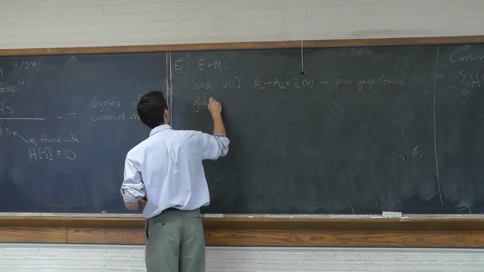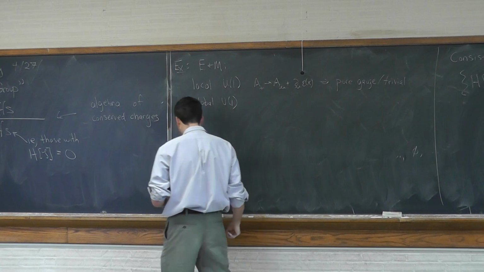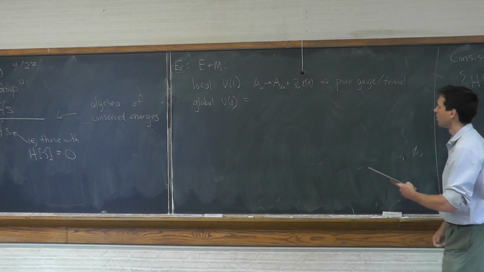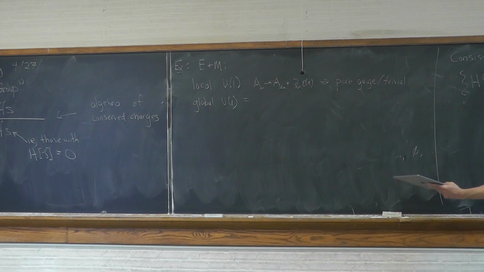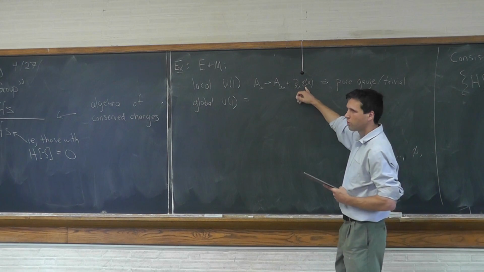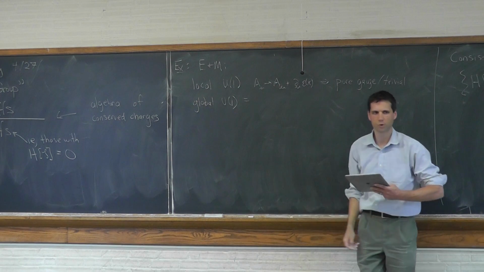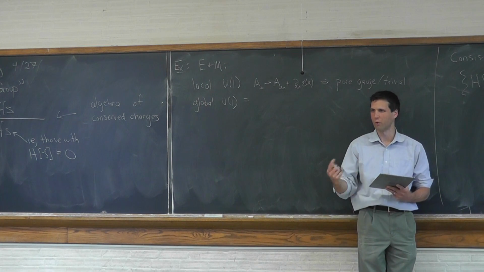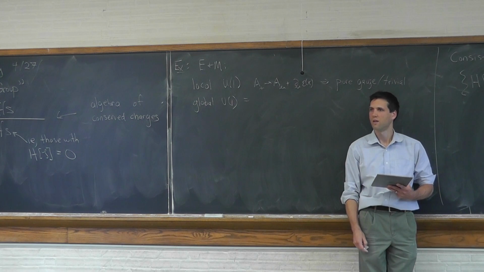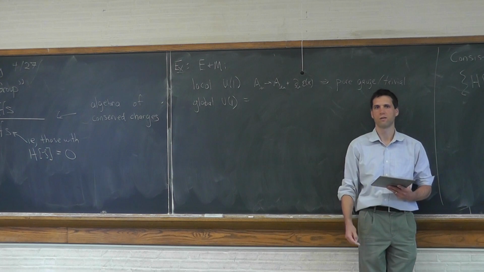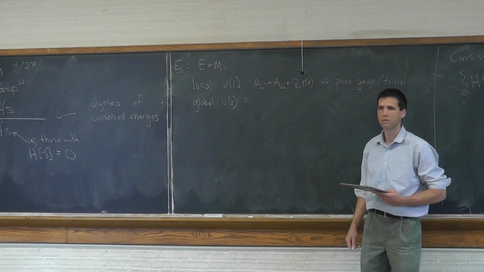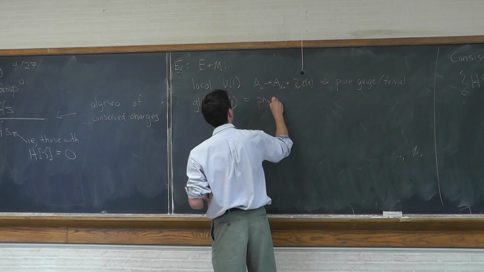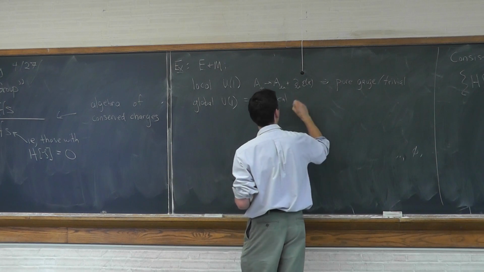And then there's global U(1). So we need some charged matter to talk about the global U(1)s. If you have some charged matter, then the gauge transformations also rotate the phase of the matter fields. And if you do that phase rotation everywhere, instead of just doing it locally with a function of x, then that's a physical or non-trivial transformation.